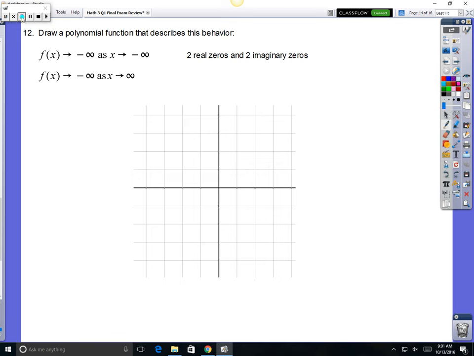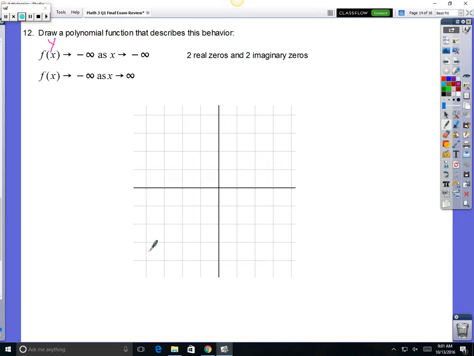Okay, this one is a good question, because there's thousands of correct answers. There's not just one right answer. So you got to draw your own polynomial, but it's got to meet this criteria. So this is the y. So the y goes down as the x goes left.